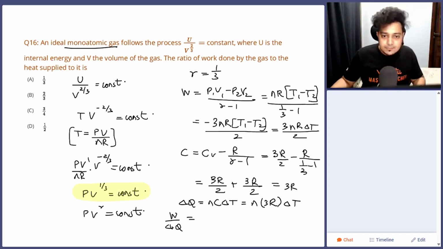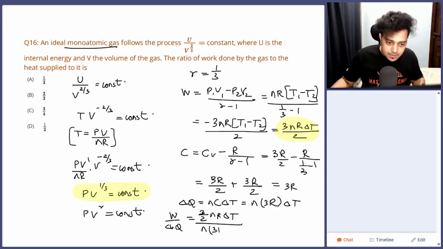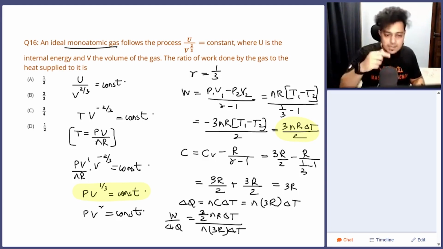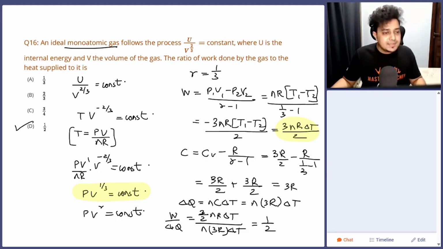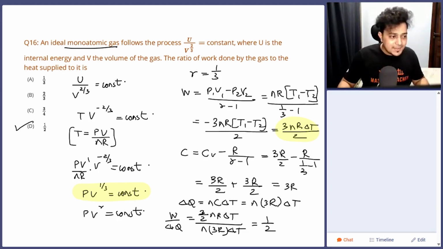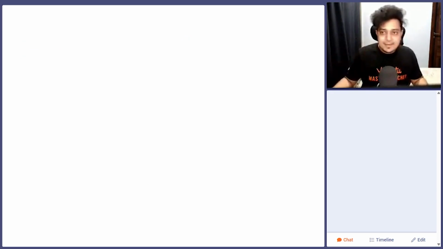We have the value of work done over here: 3 by 2 nR delta T divided by delta Q, which is n 3R delta T. So delta T gone, 3R gone, n gone, remaining is 1 by 2. So D is the correct answer. The use of this formula is important in this particular chapter, in this particular question. Let's go to the next question.